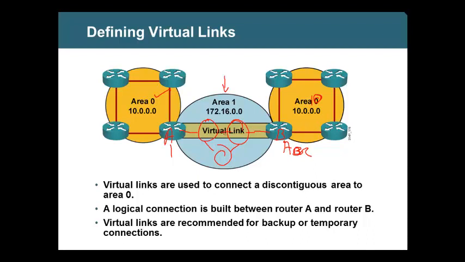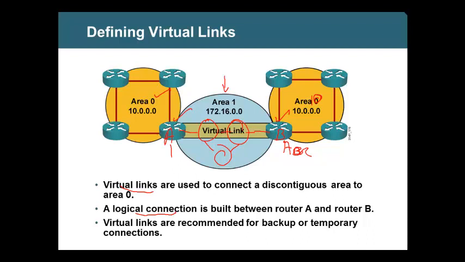So what is needed is a tunnel. We call it a logical connection, we call it a virtual link. It's a tunnel. We want to negotiate a tunnel between this router and this router. The routers are identified in OSPF with what? With router ID.